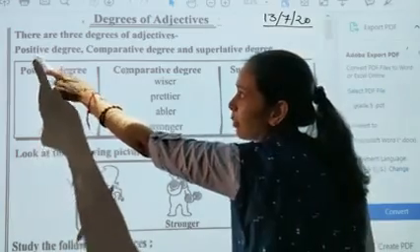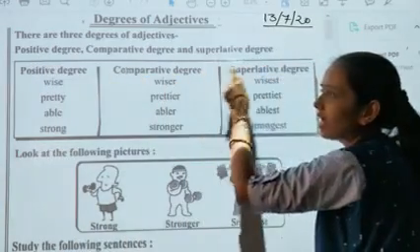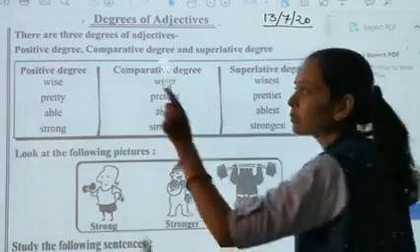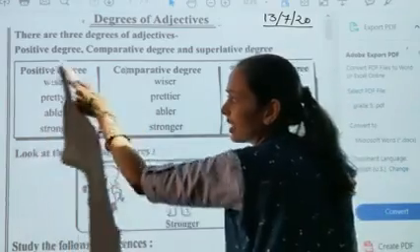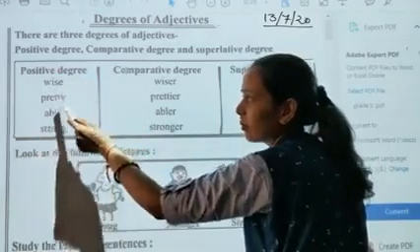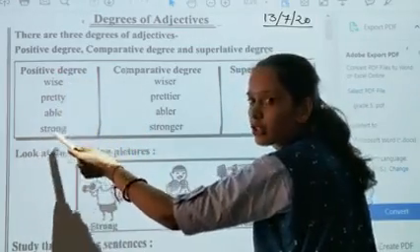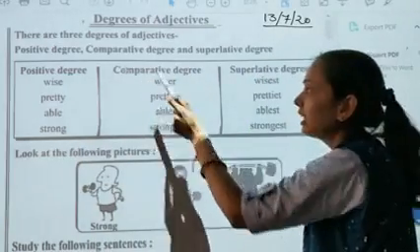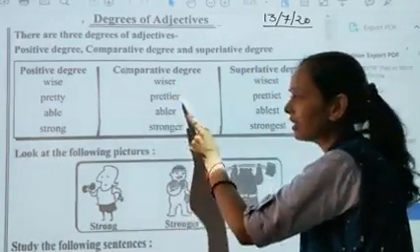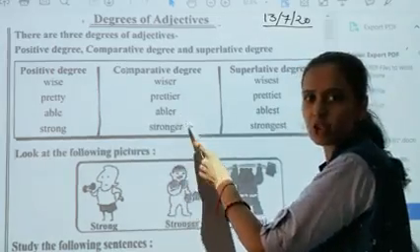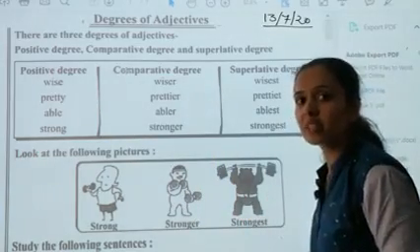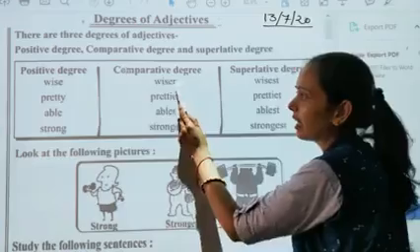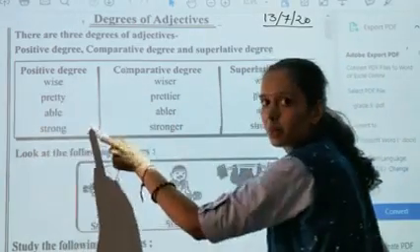Here you can see positive degree, comparative degree and superlative degree. When there is positive degree, words are like this: wise, pretty, able, strong. But when we come to comparative degree, it is wiser, prettier, abler and stronger. Means what have we used in comparative degree? ER with the root word.